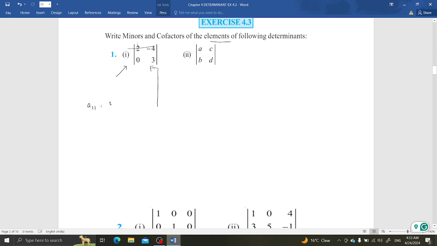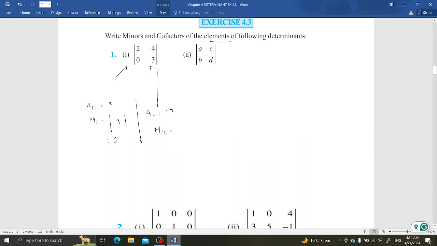So remove this one, what we are left with. First of all, the notation for minor is M11, and we are left with 3, so 3 only. Because it is a minor of a 2 cross 2, we are left with only 3. Now we can find for a12 position; the a12 value is minus 4.